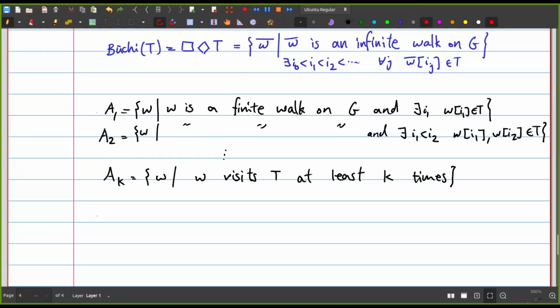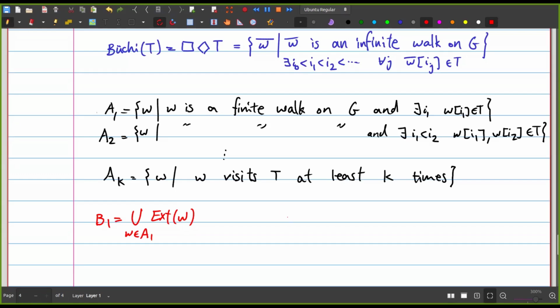I'm going to say B1 is the union of extensions of W, where W is in A1. So I'm taking all the finite paths that were reaching my target set at least once. I'm saying, look at their extensions, and taking the union of all of these extensions.